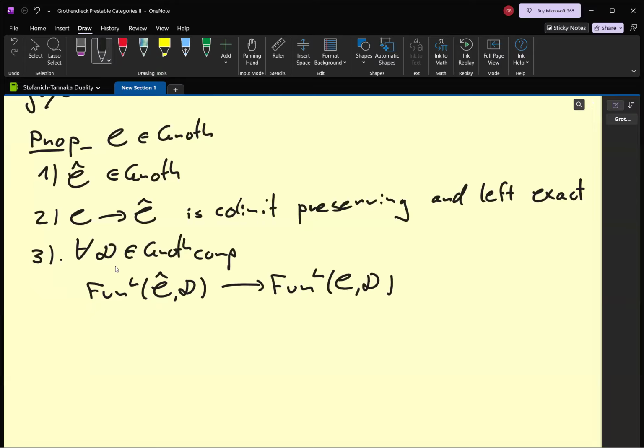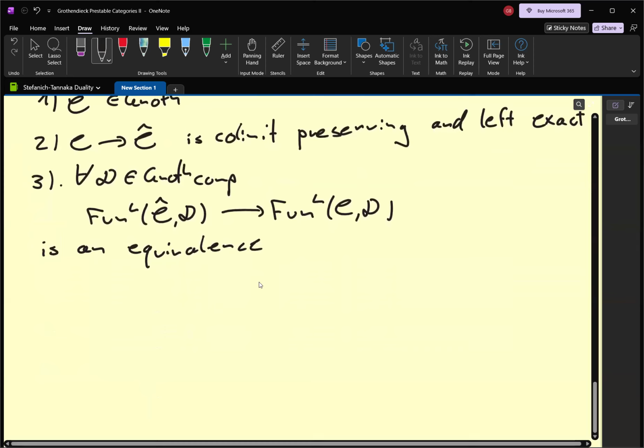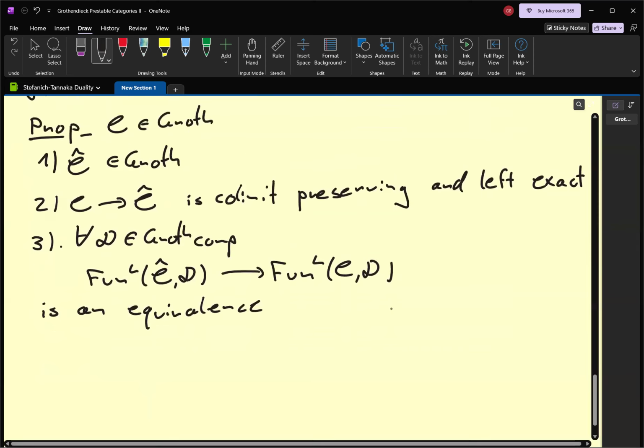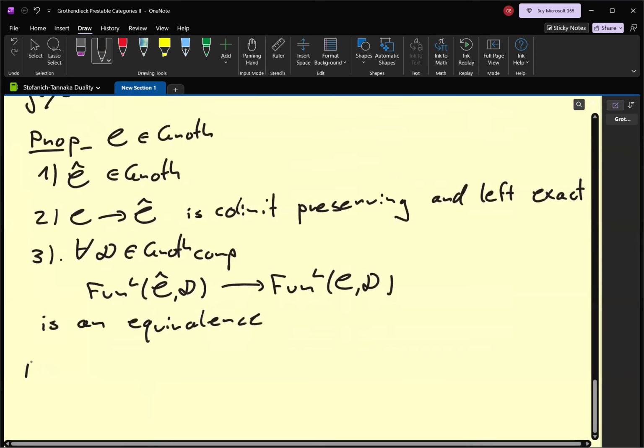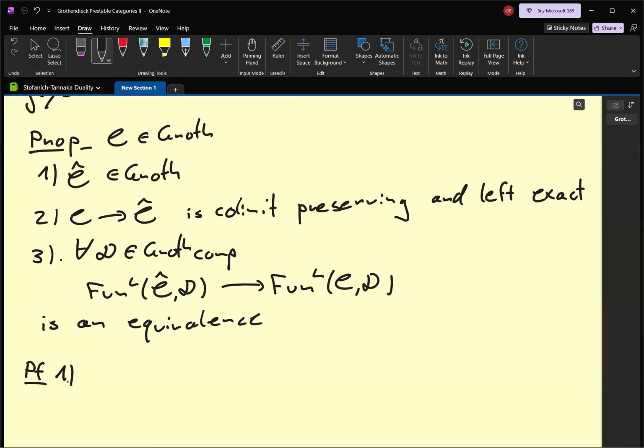This map is well defined because we will argue in two that this morphism is colimit preserving. So that this map here is an equivalence. In other words, this exactly says that Groth comp is a localization, right? And one is comparatively easy.